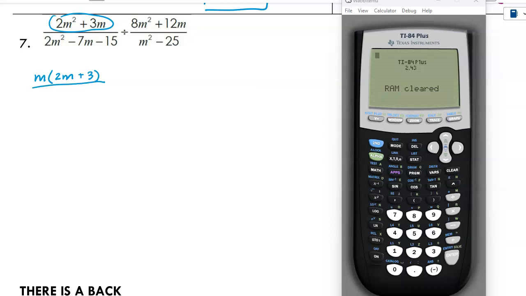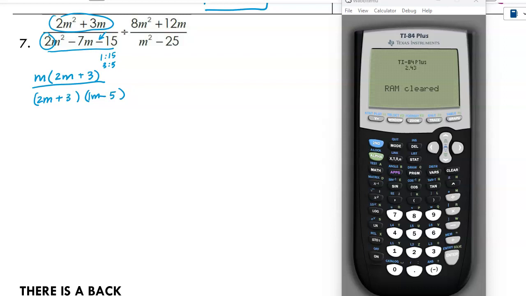Let's see. We can factor this trinomial. That sign tells us what it is. The factors of 2m squared is 2m and 1m. The factors of 15 are 1 and 15 and 3 and 5. Let's see. I'm going to try 5 and 3. 5 and 3.